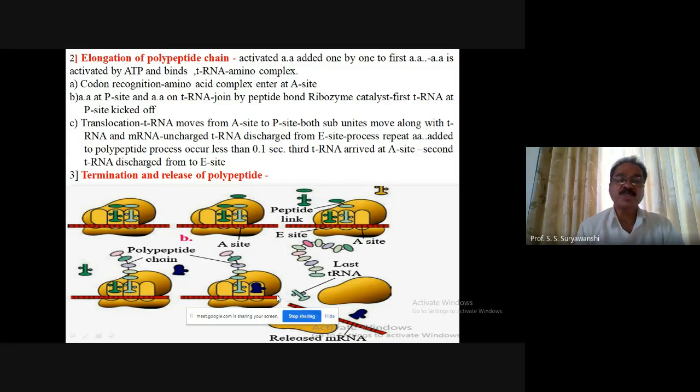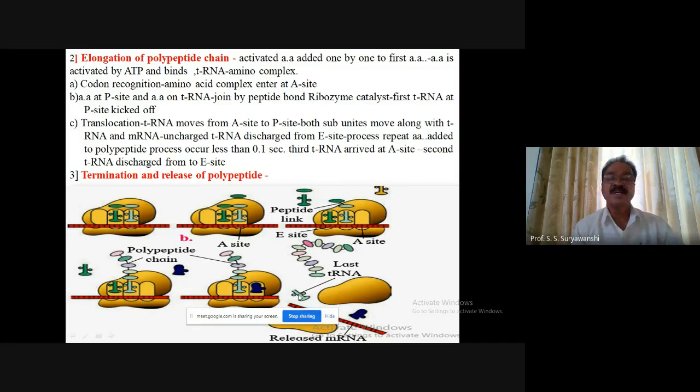Now the process stops, because the last codon, 3 or 1 or 2 it may be, is known as the termination codon, and it does not specify any amino acid, but is vacant. And this 3 end now gives the message to stop protein synthesis.